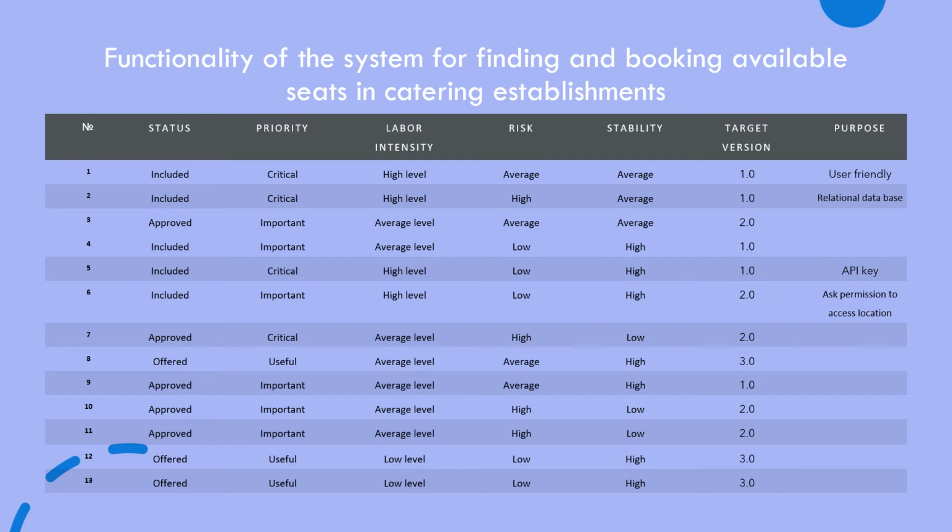Offered means that the particular function is being discussed. Priority shows how important the particular function is. Labor intensity shows how hard it is to develop a particular function. After analyzing all of that, including risk and stability, the target version for a specific feature is chosen.